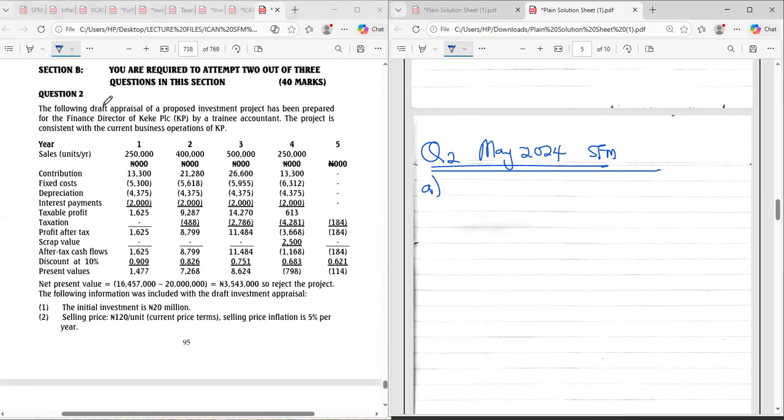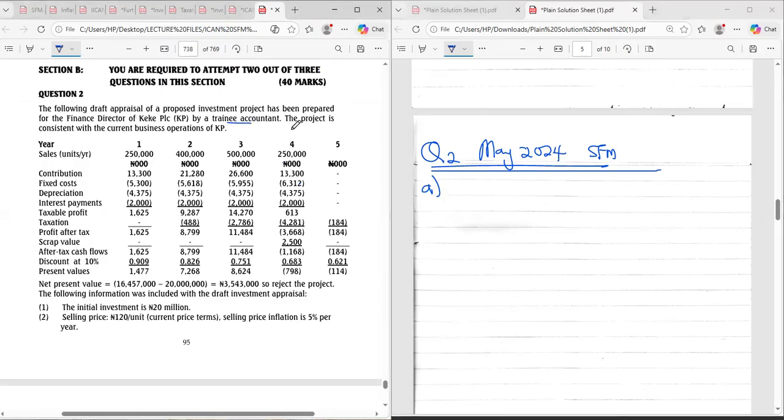Now, they said the following draft appraisal of a proposed investment project has been prepared. A draft, prepared for the finance director of Keke PLC by a trainee accountant. Now, the project is consistent with the current business operations of Keke PLC. Now, this is the appraisal. 1, 2, 3, 4. This project is actually for 4 years. This 5th year is maybe because of taxation, that extended.